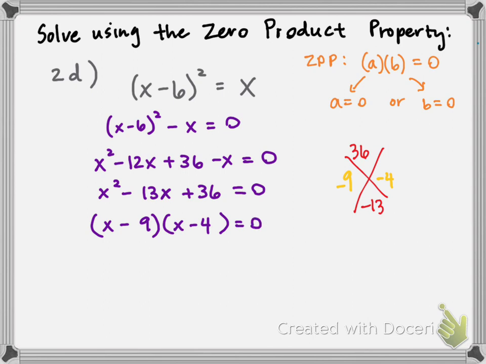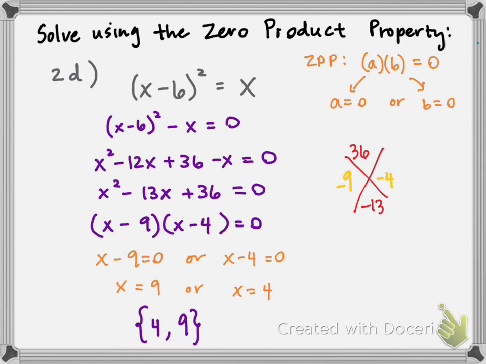By applying the zero product property, I can then claim that x - 9 = 0, or x - 4 = 0. Therefore, x is equal to 9, or x is equal to 4. My final answer in set notation is {4, 9}.